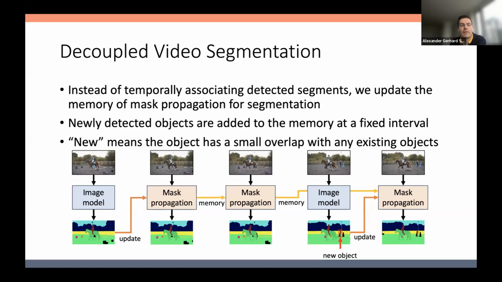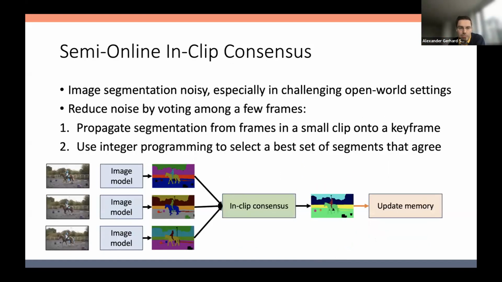So you can think of the approach as being like an image is given, you run an image model, you update your memory, and then you continue using that memory, and eventually you use both the memory and the new image model, and you merge the results into the memory as opposed to doing the merging at the output space.